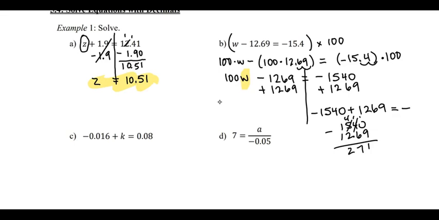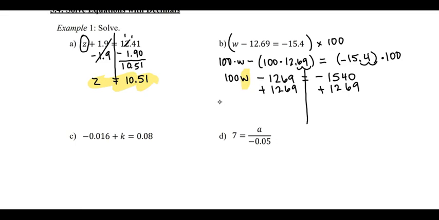So 271, and the answer is negative 271 when I added these two numbers, negative 1540 and 1269. So I got negative 271.